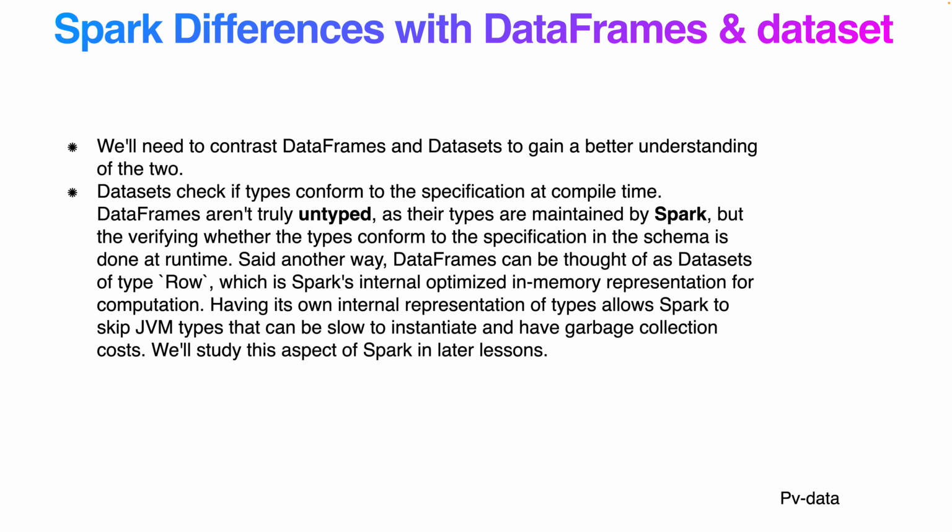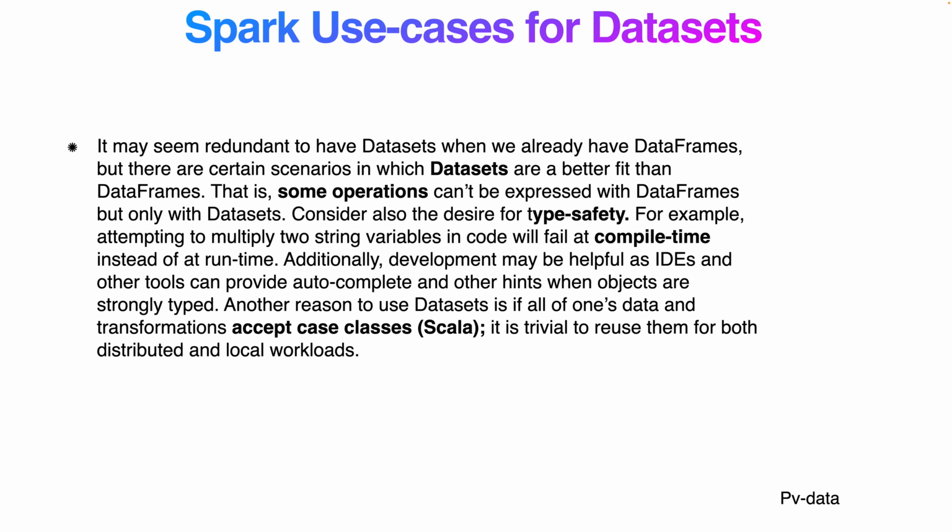Now we will go to the Spark use cases of datasets. It may seem redundant to have datasets when we already have DataFrames, right? But there are certain scenarios in which datasets are a better fit than DataFrames. Some operations cannot be expressed with DataFrames, and only with datasets can we do those operations. Consider the desired type safety. For example, attempting to multiply two string variables in the code will fail at compile time instead of at runtime.